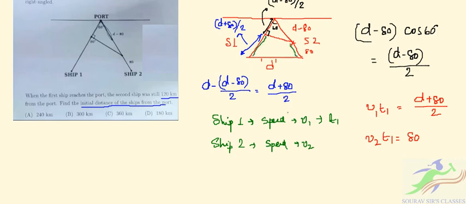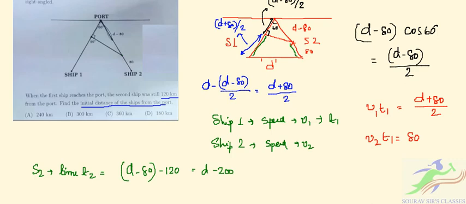Now for ship 2, S2, consider the distance covered in time t2. It is written that when the first ship reaches the port, the second ship was still 120 km from the port. So we have D minus 80 minus 120, which is D minus 200.